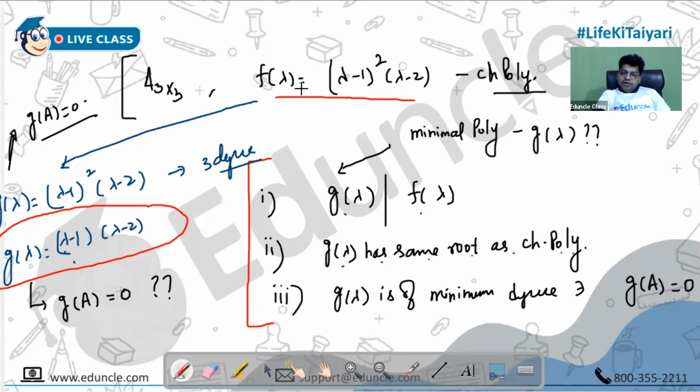Only factors are from here, and both the factors must be in g(lambda) because it has the same roots as the characteristic polynomial. And you have to find the minimum degree. This is degree 3 annihilating, this is degree 2 annihilating, degree 1 is not possible. So degree 2 is the minimum which annihilates, which divides, and which has the same roots as the characteristic polynomial. So this is called the minimal polynomial. Is it clear what the minimal polynomial is?